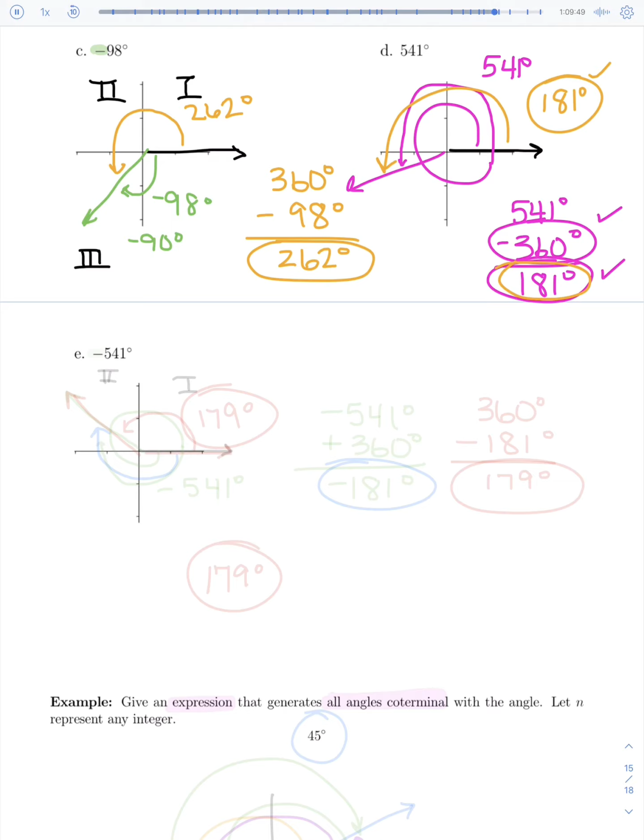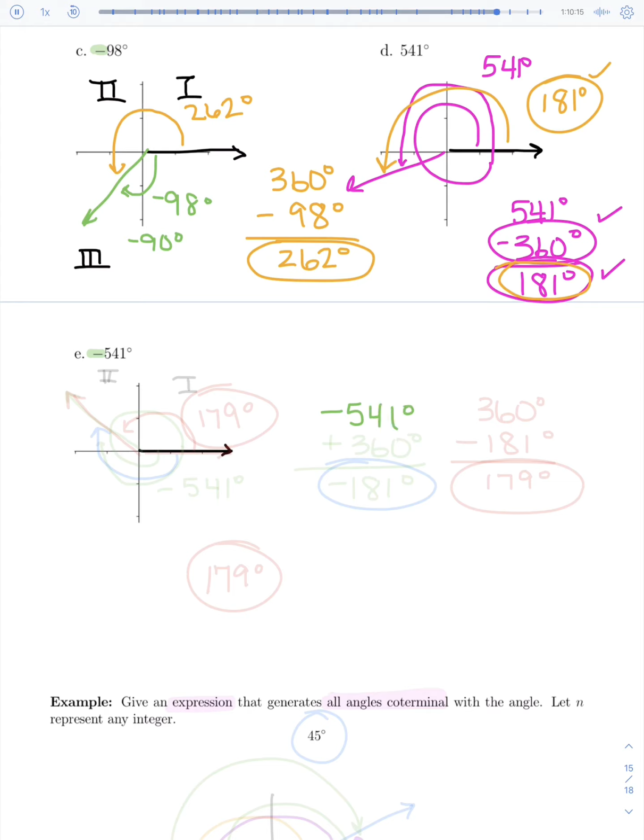Let's do one last one, starting again with the x-axis, and this time we have the same angle we've just dealt with, 541, but this time negative, and that does change a lot now that we've got a negative angle, because that means at the very least we're going to be going clockwise, so negative 541 degrees. Well, let's see.